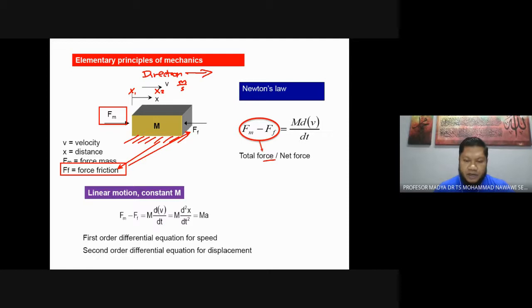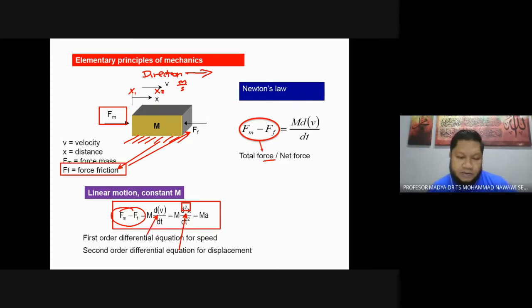And you can also write this equation in terms of the total force, Fm minus Ff. It is a second order differential equation for displacement. For speed, we consider the first order equation. So that is a first order differential equation for speed and a second order differential equation for displacement.